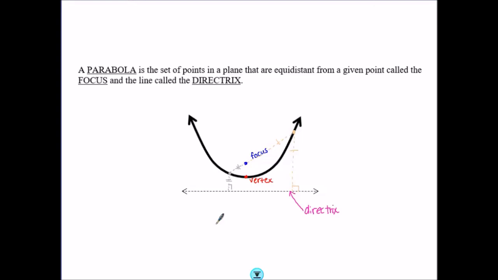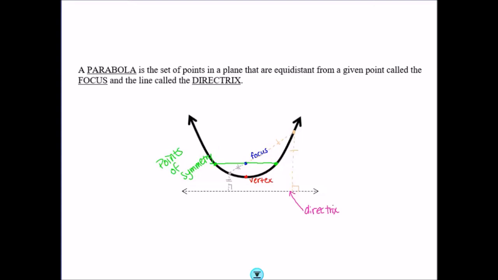Now we have a few more pieces of information that we need to know about our parabola. We also have points of symmetry, which are points that are horizontal from the focus. So these are called points of symmetry.